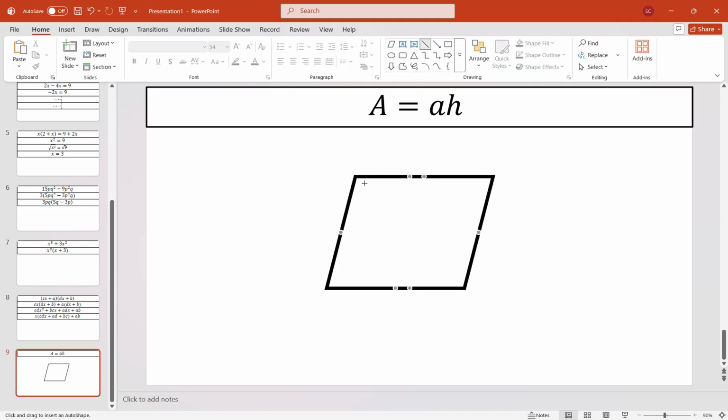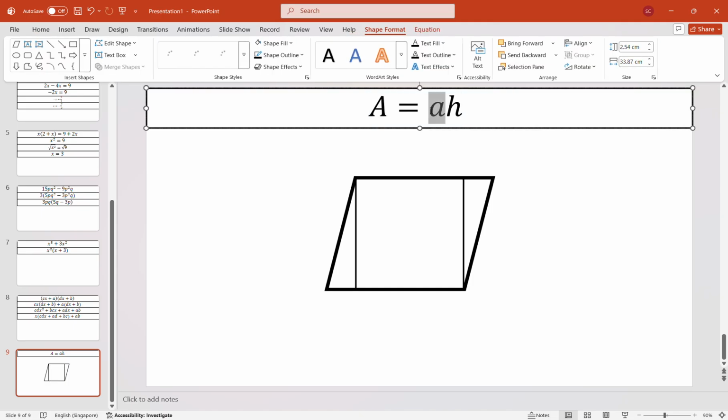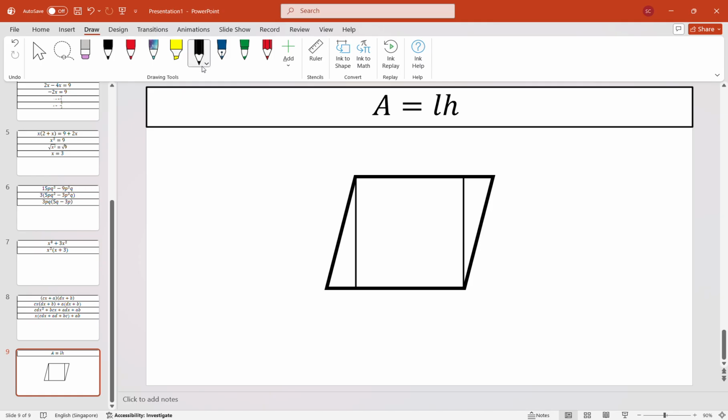The reason it is simply the length times the height is that you can think about it by transferring a triangle over here to form a rectangle.